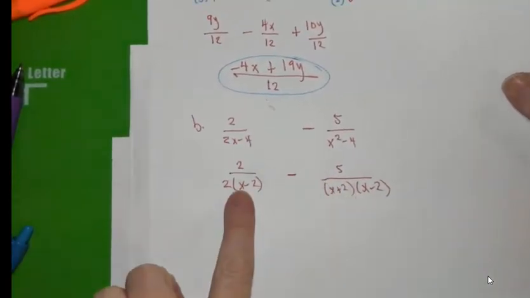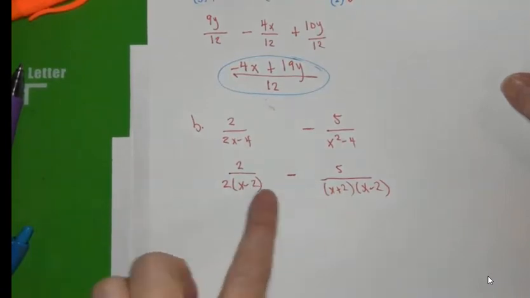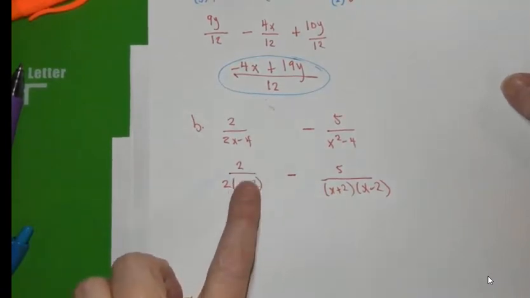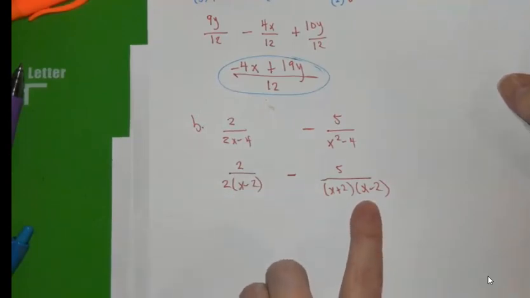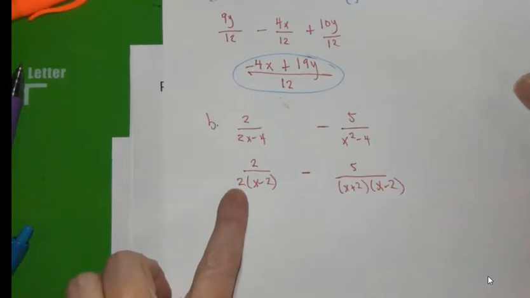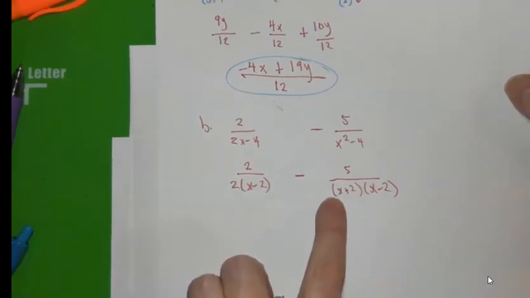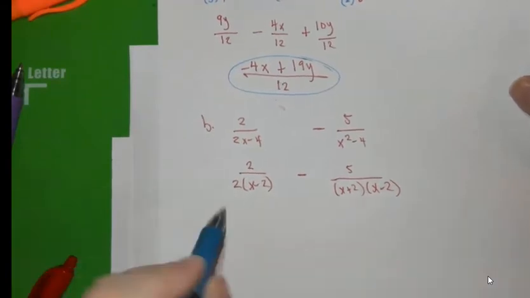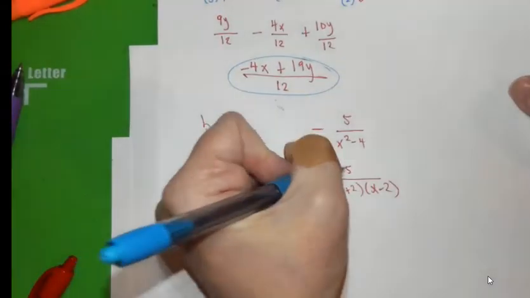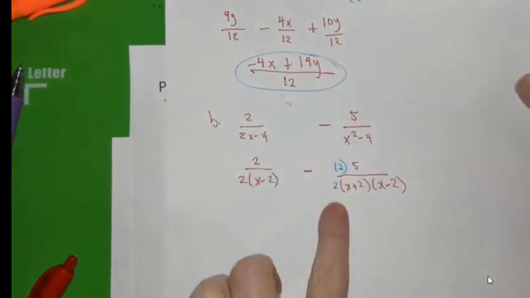Now, once you do your factors like this, you can see if the denominators have factors that are alike. And they do. There's an x minus 2 in both of the denominators. But what's happening here is this 2 that's on the fraction on the left side is not in the denominator on the right side. So to make this one look like this one, I'm going to multiply this one by 2 over 2 so that they both have a 2.